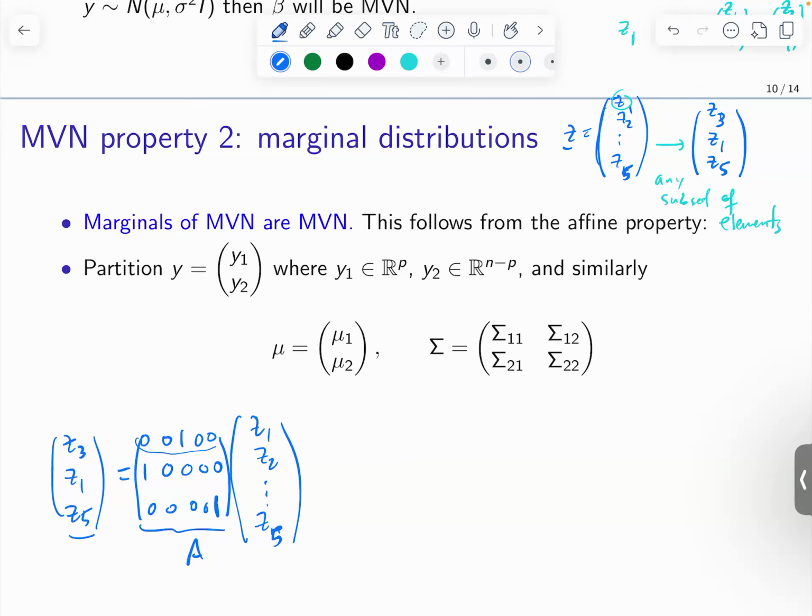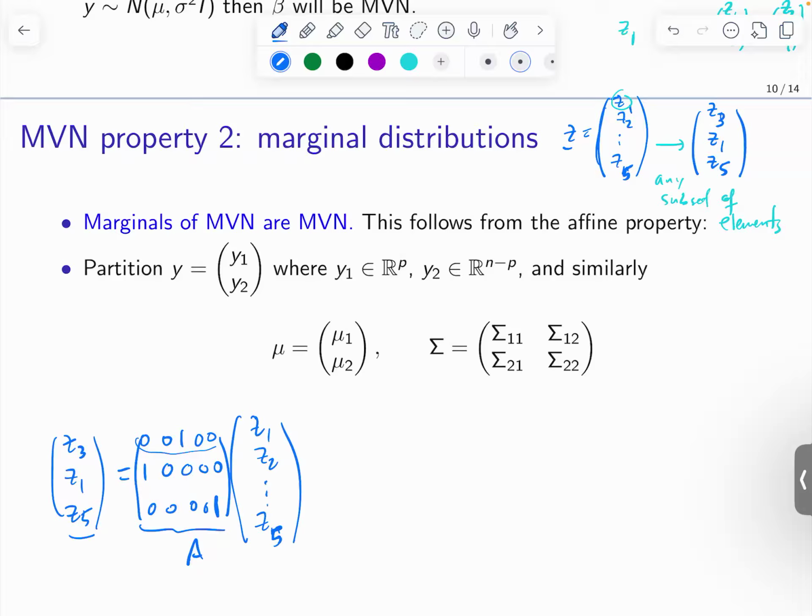We can compute the mean and covariance: a times the mean, which just selects the corresponding mean. So the mean would be just mu3, mu1, mu5. The same matrix operates on the mean. And the covariance would select the respective submatrix.